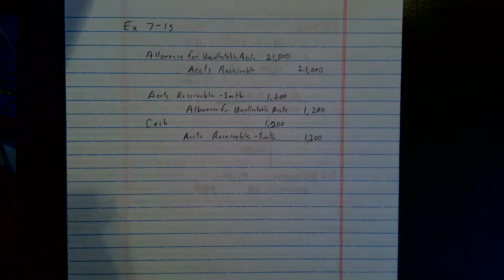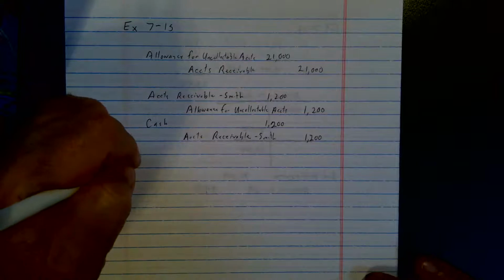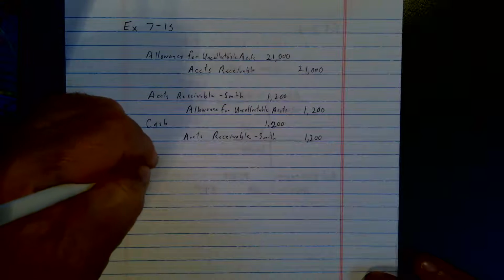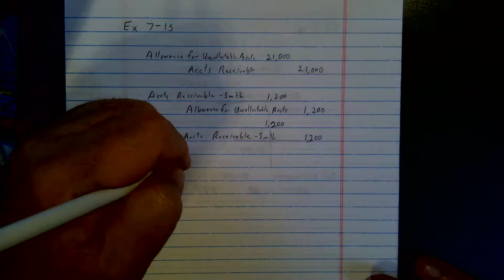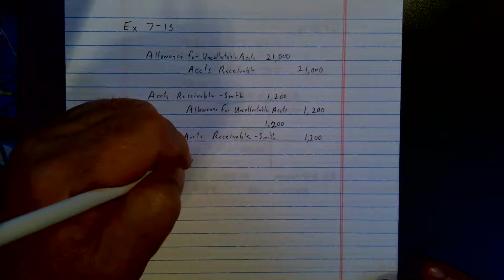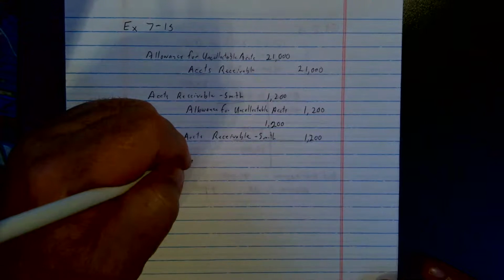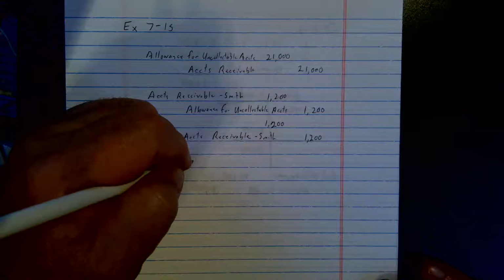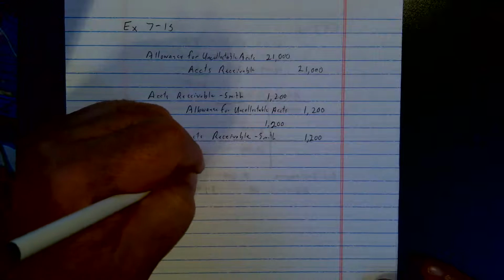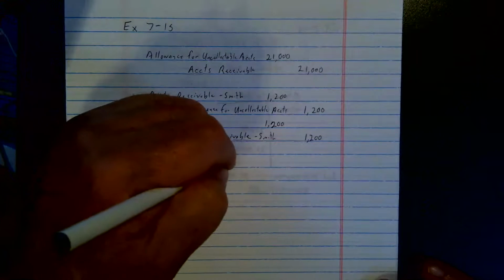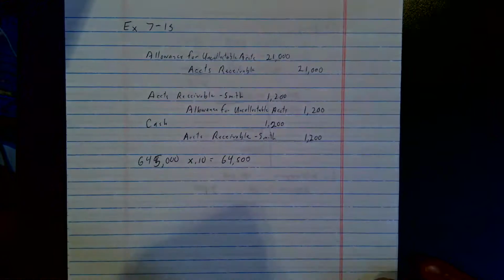All right, so the third part of this is the allowance. So we had $645,000. Oops. And we estimate that we are not going to collect bad debts by applying 10% to accounts receivable at the end of the year. And so we've got $64,500.